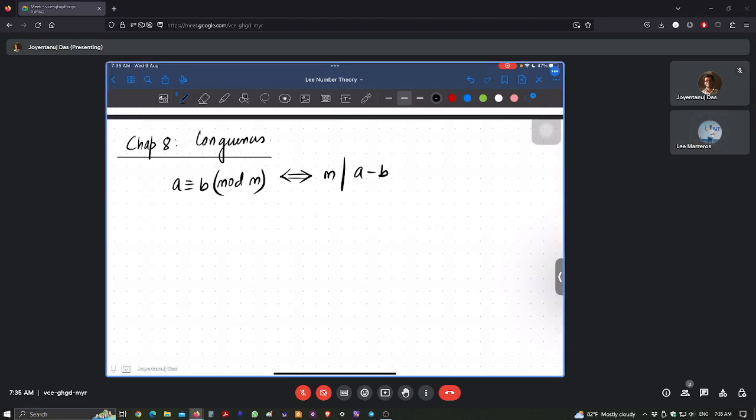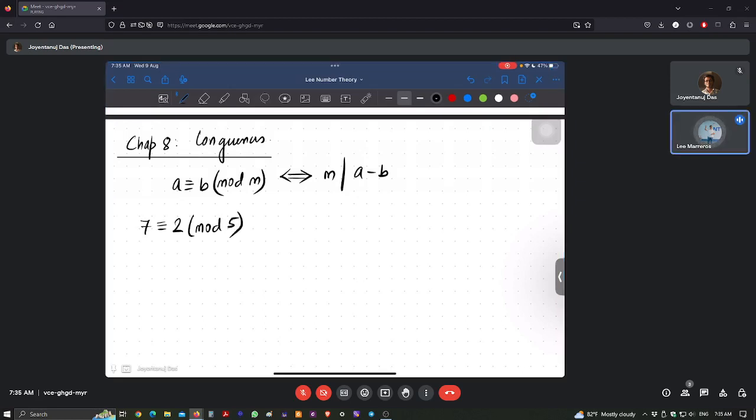So for example, 7 is congruent to 2 mod 5, right? Similarly, 47 is congruent to 35 mod 6.